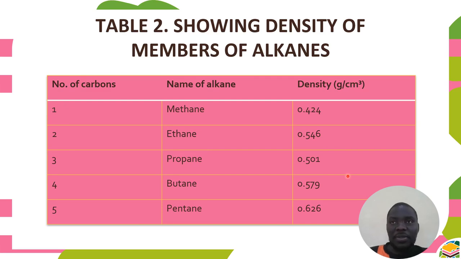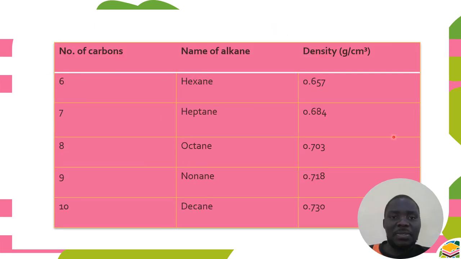First of all, the increase in force of attraction makes the particles be strongly held together by reducing the volume, as well as the increase in carbon chain also increases the mass. Remember, to find the density, we divide mass by volume. So if we have bigger values for mass and small values for volume, it means the density is going to increase.